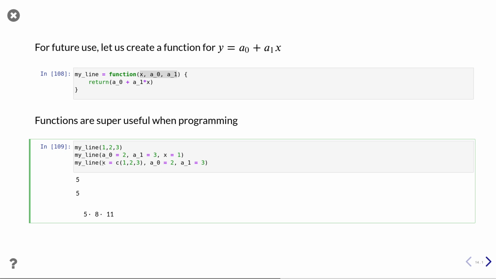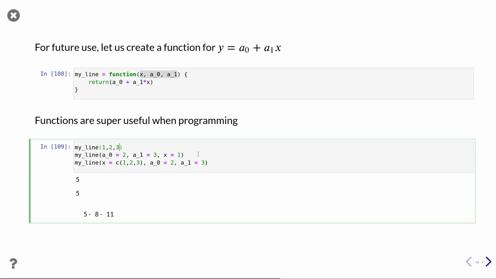Another good thing is that functions are by default vectorized. What we call vectorized is that we can provide some arguments as vectors rather than as just points, and the function will evaluate at each point in the vector. The first call is computing a0, 2 plus 3 times 1, which gives me 5.